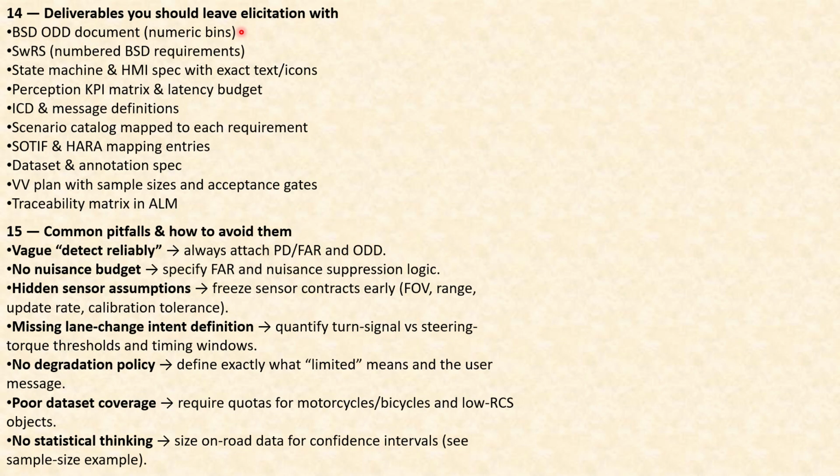Now, what are the various deliverables? So finally, when you conclude the elicitation, these are the final deliverables. The BSD operational design document, the software state machine, the HMI specification and exact text icons, the perception KPI matrix and latency budget, ICD and message definitions, scenario catalog mapped to each requirement, SOTIF and HARA mapping entries, dataset and annotation specification, verification validation plan with sample sizes and acceptance gates, and also traceability matrix in ALM.